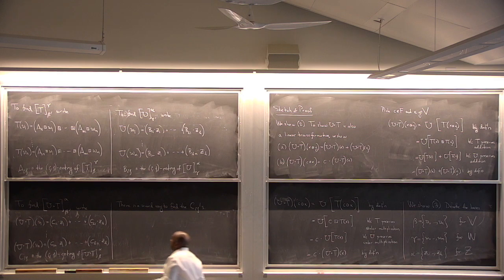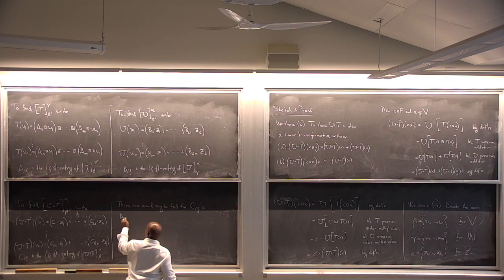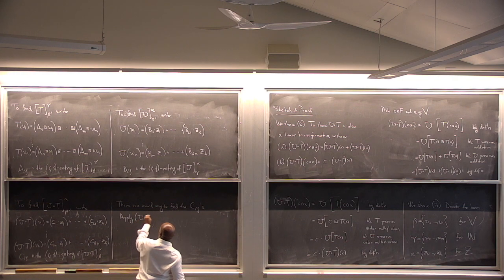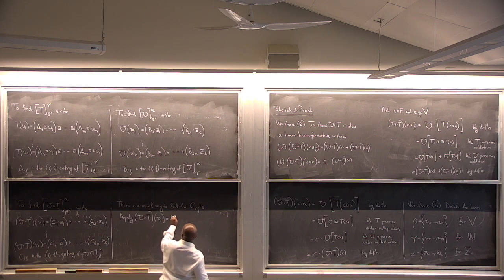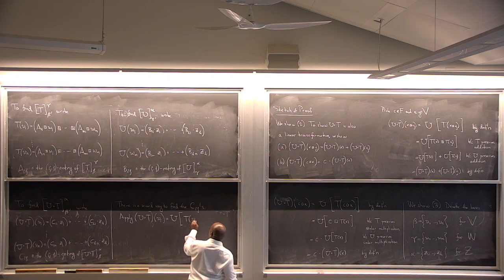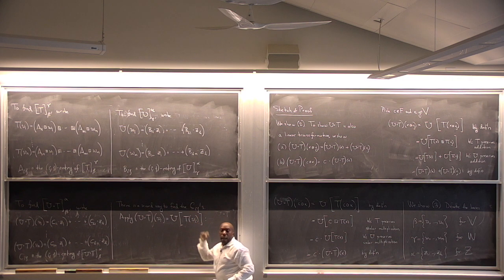What I could do is take a look at what's over here on the left in terms of the T's, and let's apply U to everything. So again, I will take my T of, let's say here, Vi, and let's just apply U to everything.